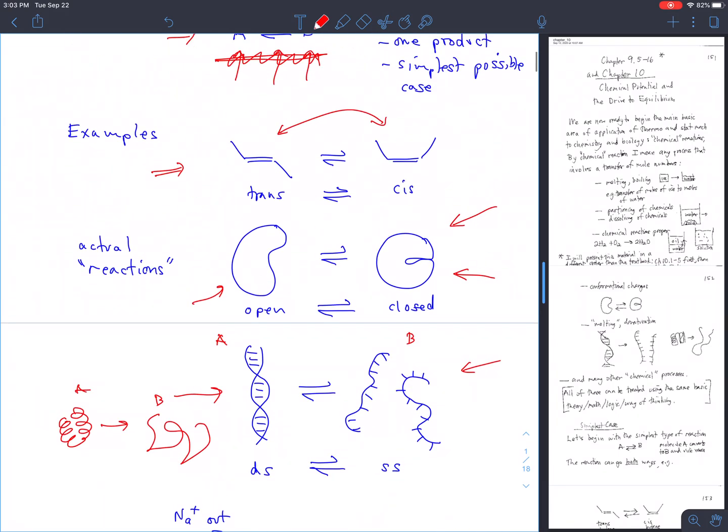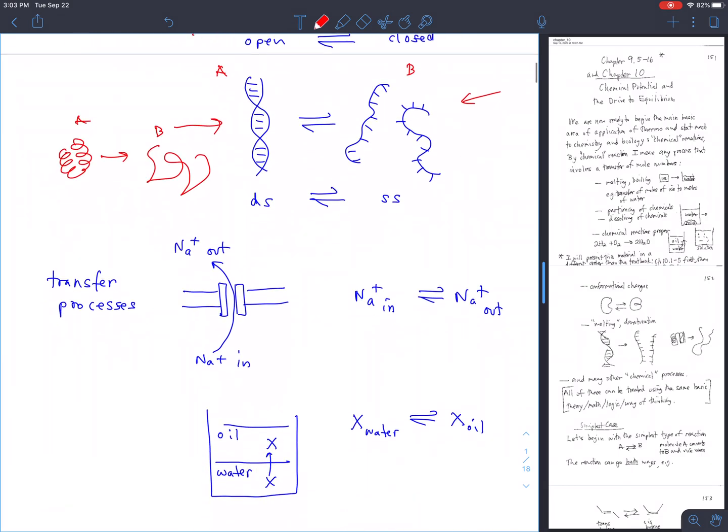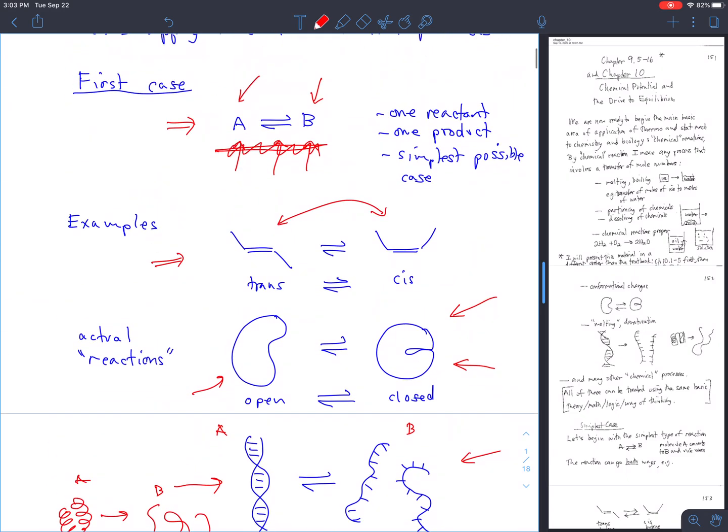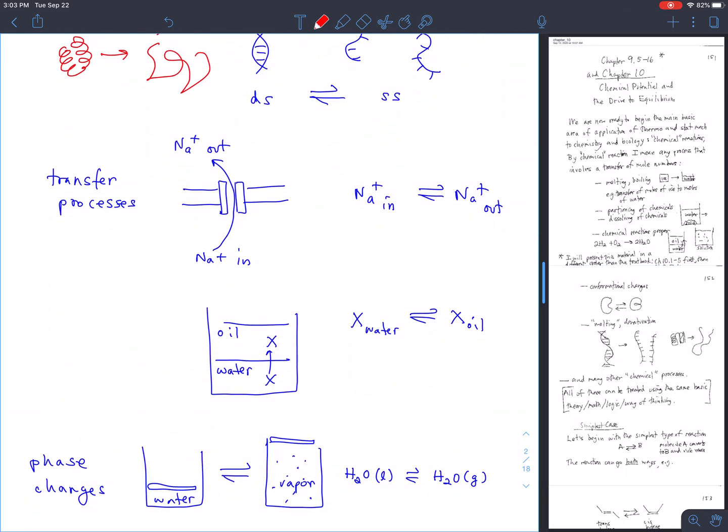Those are chemical reactions proper, but the whole idea, this general form, applies also to things that we don't normally think of as chemical reactions. So transfer processes, for example. If this is a membrane, for example, and this is some kind of channel, and a sodium ion traverses from the inside to the outside, the sodium atom hasn't changed its chemical properties at all, and yet we can think of it as a chemical reaction.